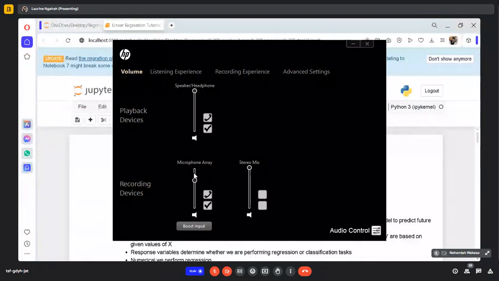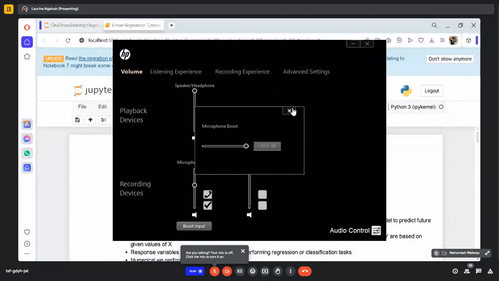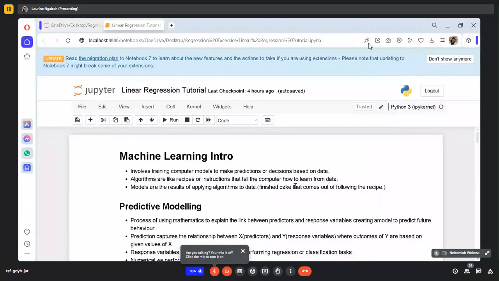You think of algorithms as recipes or instructions, basically telling the computer how to learn from a data set. And then the model is like the output from applying these instructions, which are the algorithms. So I have written like a finished cake that comes out of following the recipe.